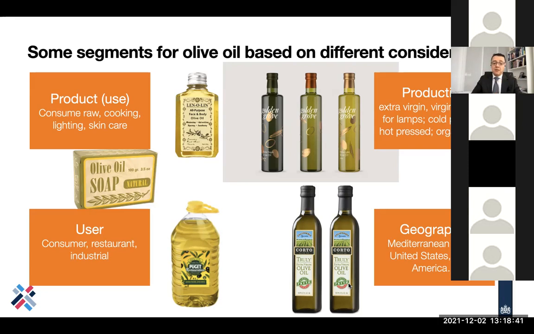So again, that's another mechanism or another way in which you can build differentiation. So again, what I'm trying to say is differentiation is built when you understand in a lot of detail what are the drivers of the purchases of the clients.